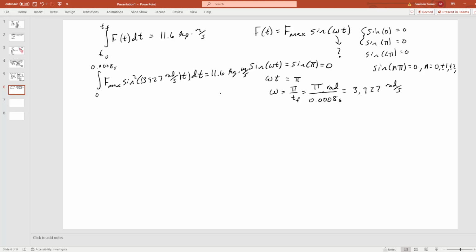So we need to integrate this function. Now, what I would do is pull Fmax out front, and then when I integrate this, I can pull Fmax out because it's constant, right? It's just the peak of the graph, so it's just a number.